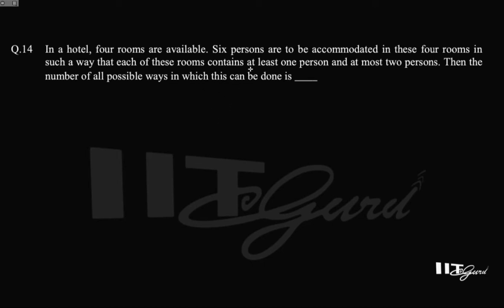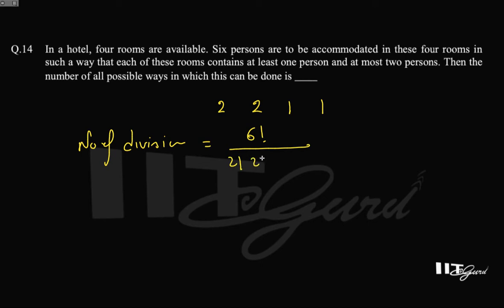Now for 6 persons, just make a division here. At least 1 and at most 2 persons are allowed. First take 2 persons in one room, another 2 in another room, 1 in one room and 1 in the other room. In this way the division is made. So the number of divisions for the rooms is factorial 6 upon factorial 2, factorial 2, factorial 1, factorial 1, and these are repeating.